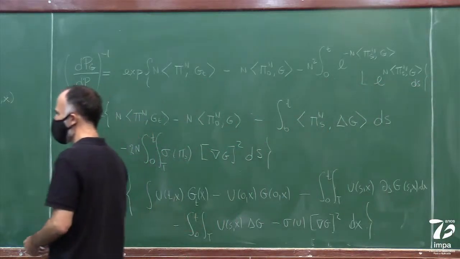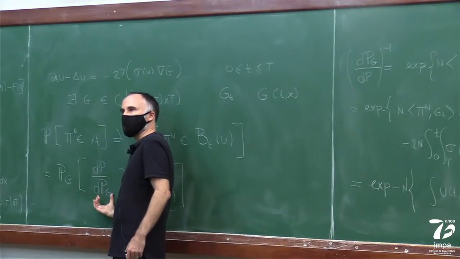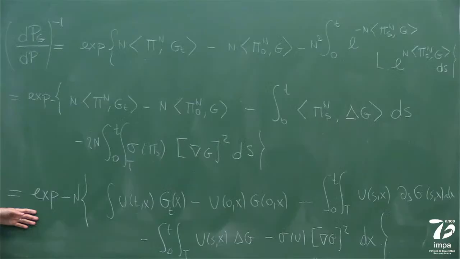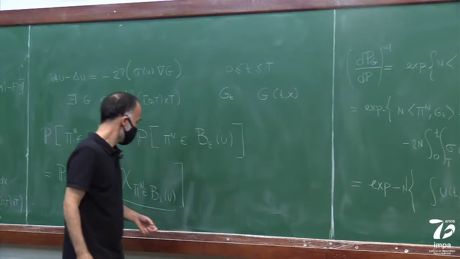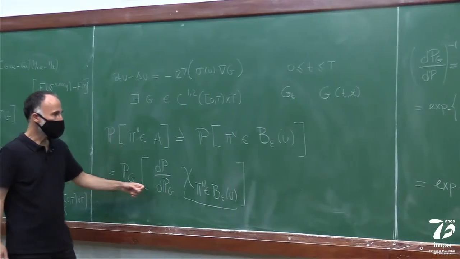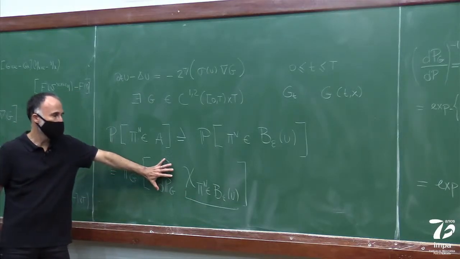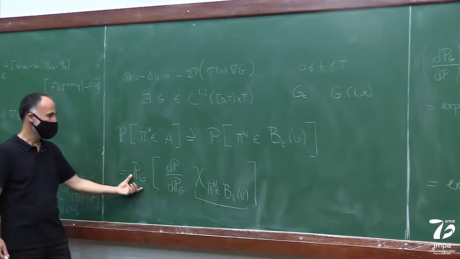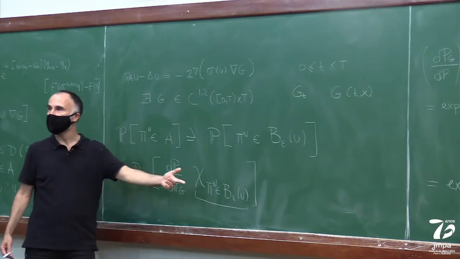Once I have replaced pi by u in this Radon-Nikodym derivative, this is a number, it doesn't depend anymore on pi, so I can move it out from the expectation. In the expectation, I have something which is converging to 1, because without this expression which I removed, I have the probability under G that pi n belongs to this neighborhood, but this is converging to 1.